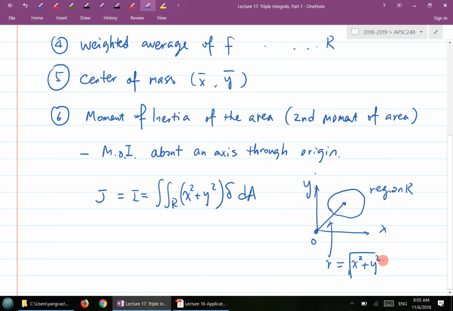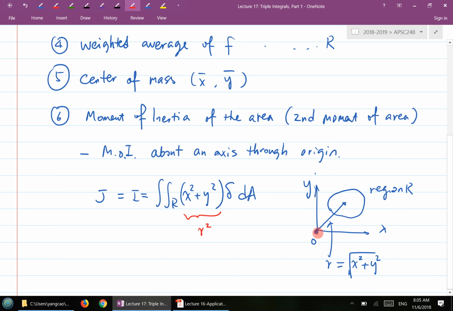That's the distance from that point to the origin, right? And this essentially is r squared. So that's the formula for calculating this polar moment of area, about an axis going through the origin.